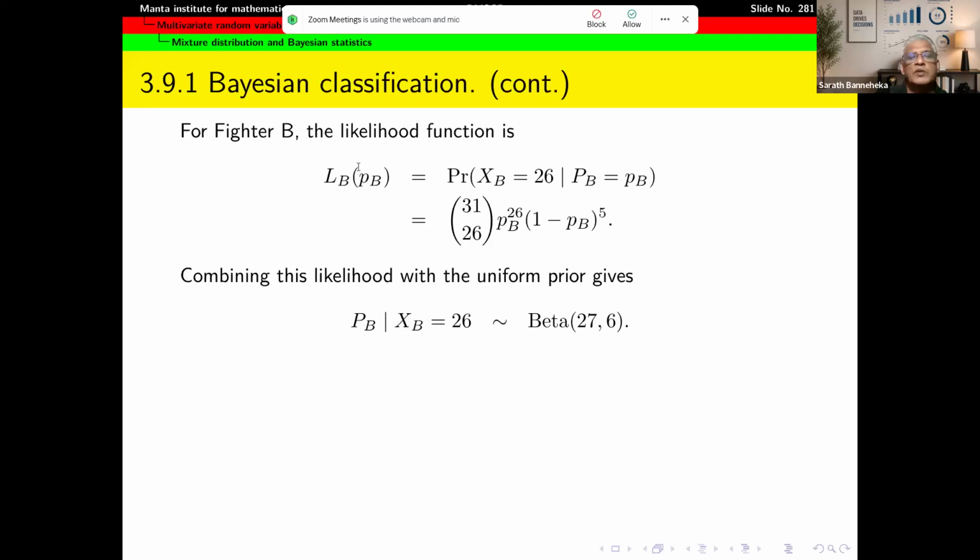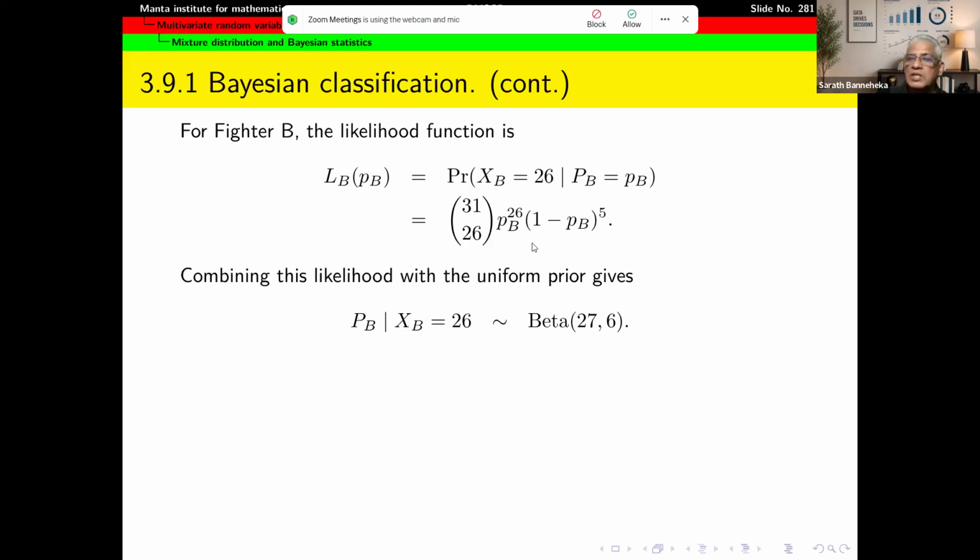Similarly for PB, the likelihood is given by the probability that XB is equal to 26 given PB is equal to PB, when considered as a function of PB. It's called the likelihood function of PB. It has this form.